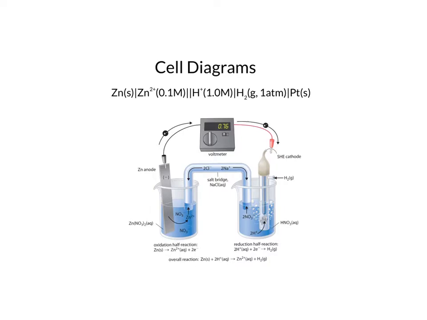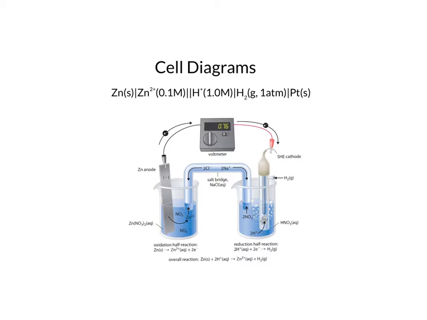I always remember this as anode for oxidation, and anions are negative, the anode is negative. Cathode for reduction, and the cathode is positive, and cations are positive. And that's how I remember which is the anode and which is the cathode.